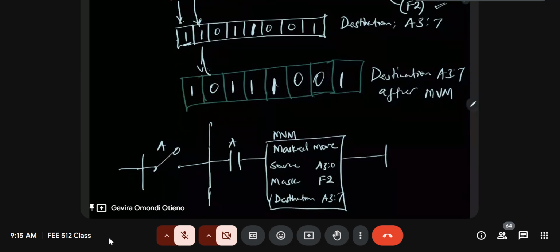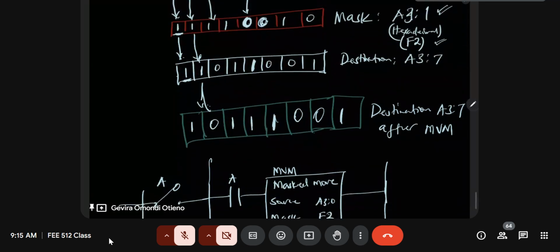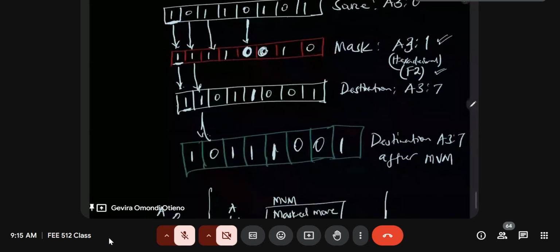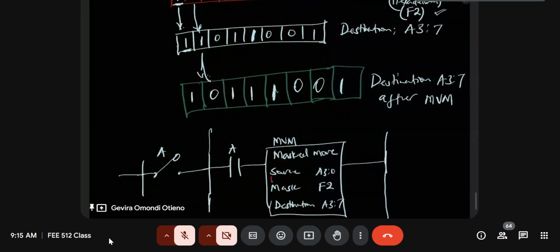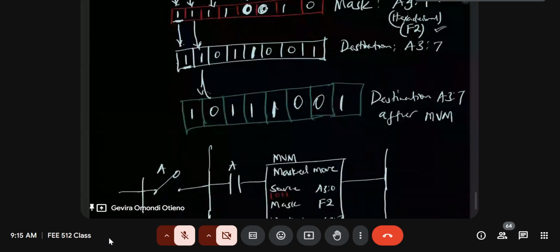That is how it works. In some books or some PLCs, you'll see that they don't just write the source here, they'll also write the bits stored in that source. Like in our case here, the bits were 1011, 0101, like that.